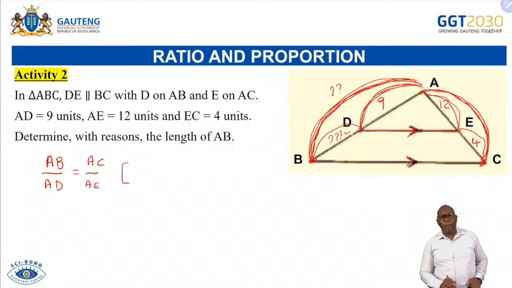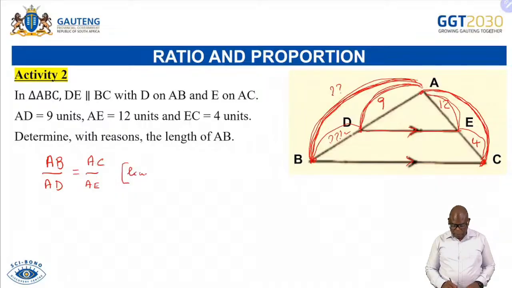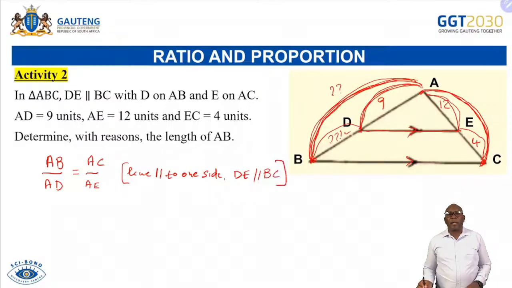Same applies. Let's write down the line parallel to one side of a triangle. Then from there I can write parallel lines DE parallel to BC. You see, I'm using this one because I want you to get used to it, that we must write parallel lines there. Then I can substitute.